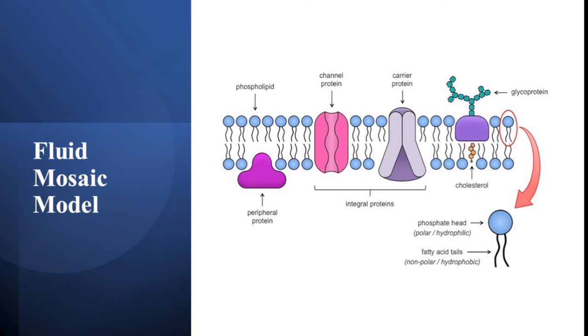The structure designed by Singer and Nicolson described the cell membrane as a two-dimensional liquid that restricts the lateral diffusion of membrane components. Such domains are defined by the existence of regions within the membrane with special lipid and protein cocoon that promote the formation of lipid rafts or protein and glycoprotein complexes.